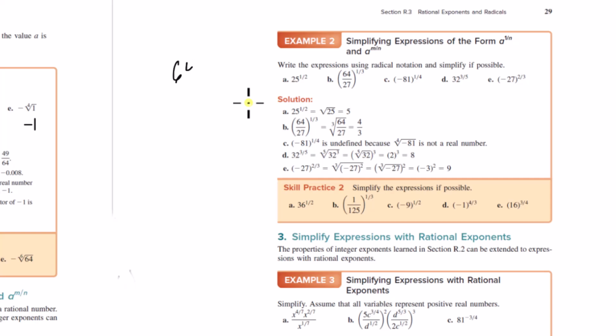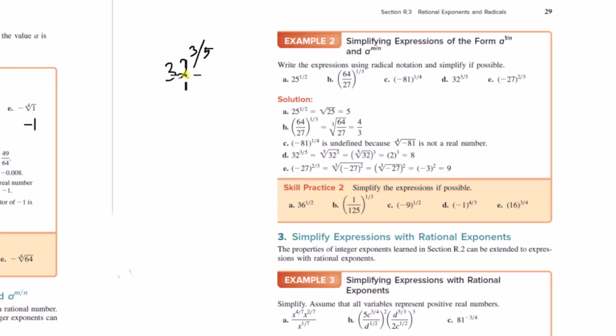Okay. Now let's see. Minus 81 to the 1/4. Yeah, you have a negative number inside of an even root. There's no solution here. What about 32 to the 3/5? Okay, so here you just have to decide, are you going to put the power 3 inside the radical or outside?